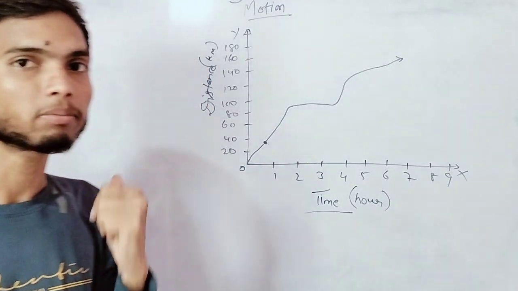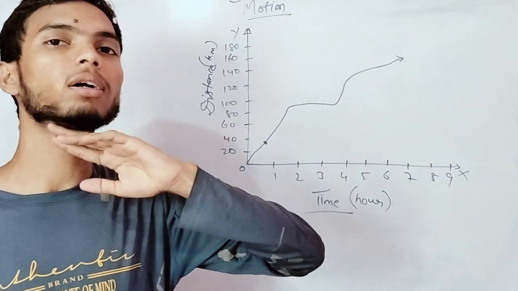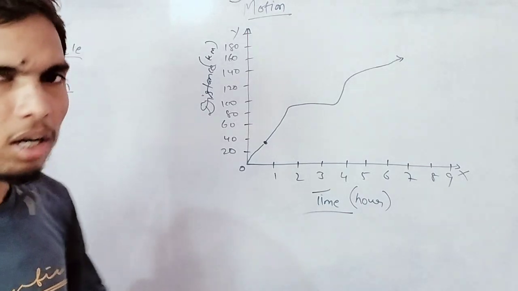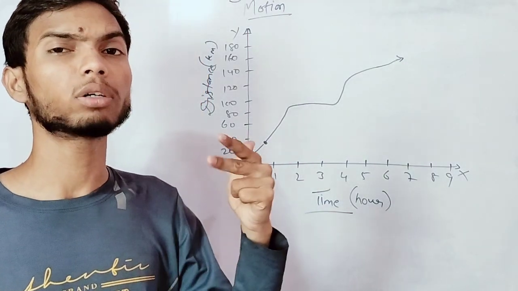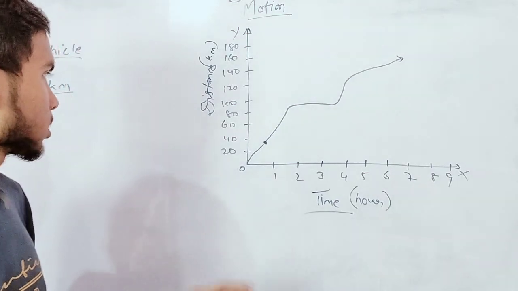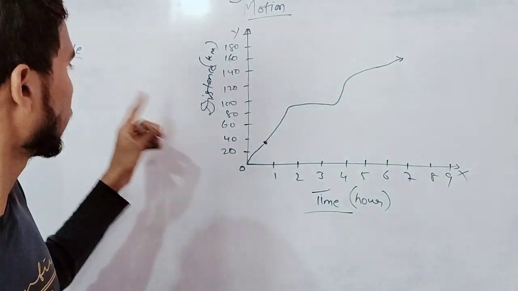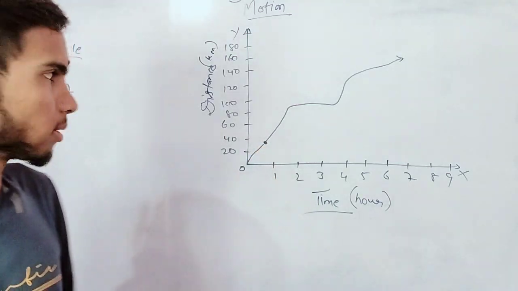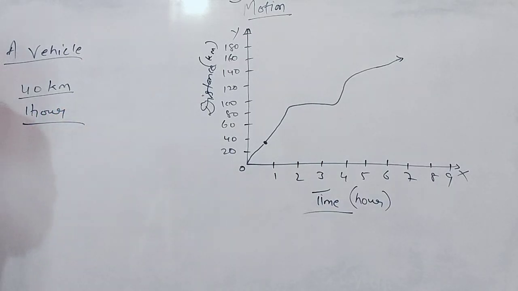Now what about the time? This vehicle traveled a distance of 40 kilometers, but how much time did the vehicle take? So the distance covered by this vehicle is 40, and here it took 1 hour.